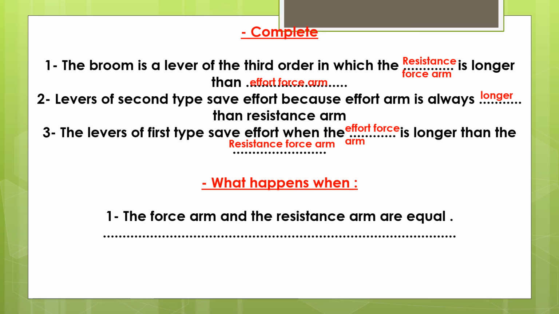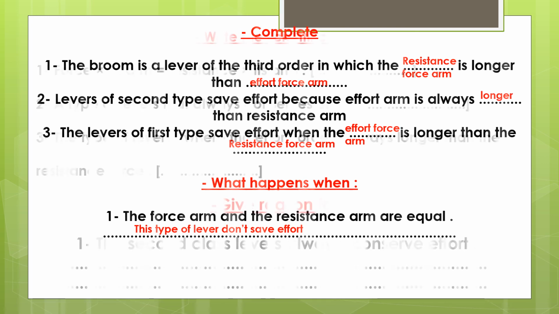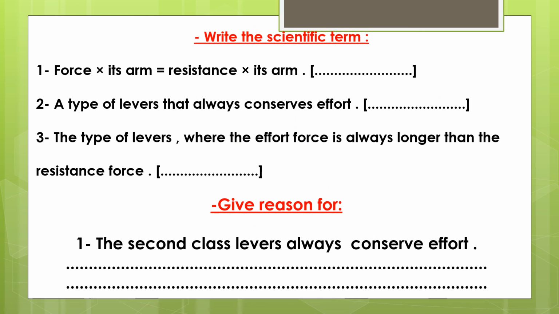Question number 2, what happened when the effort force arm and resistance force arm are equal? The answer: this type of lever doesn't save effort or conserve effort and has no mechanical benefit. Question number 3, write the scientific term.